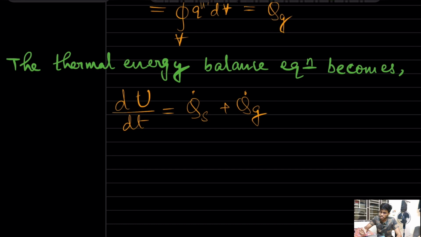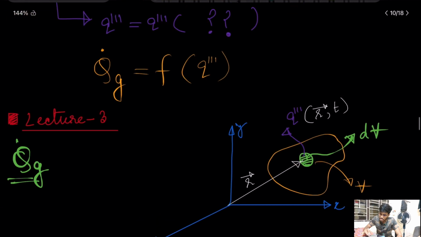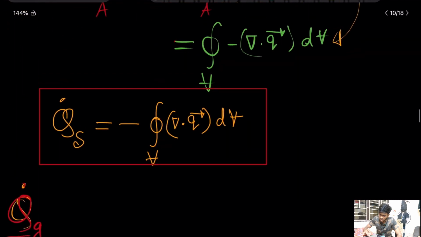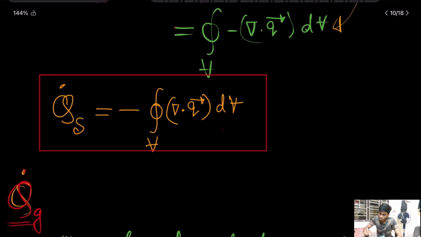Now I will put the expressions of Q dot S and Q dot G. My equation becomes dU/dt equal to Q dot G, which I already have, the volumetric integral of q triple prime dV. And what was the expression for Q dot S? That was this, right?